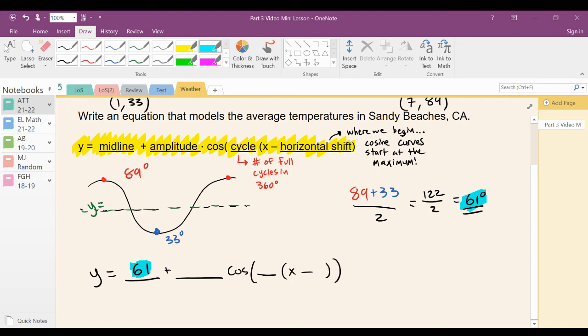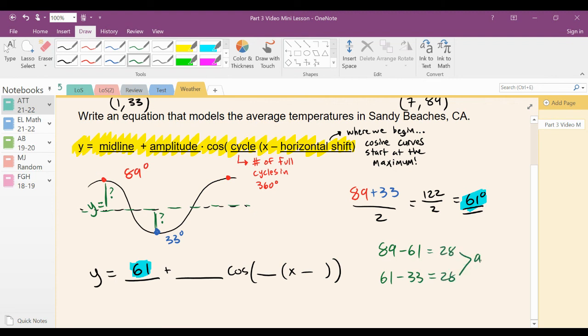So now I need to find the amplitude. Amplitude, we know, is the difference between my midline and the maximum or the minimum, right? Up to the highest point or down to the lowest point. What is that difference? If I think about 89 minus 61, or I could even say 61 minus 33, both of these give us the same exact value of 28.